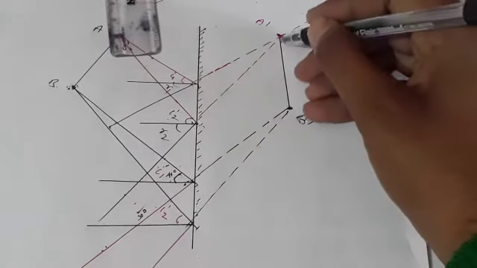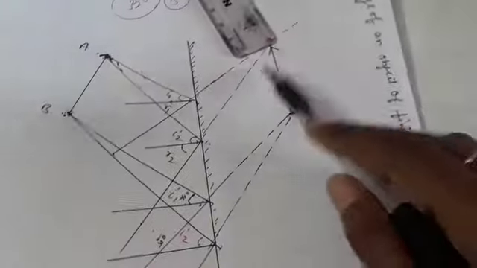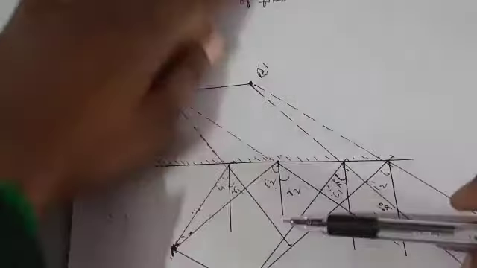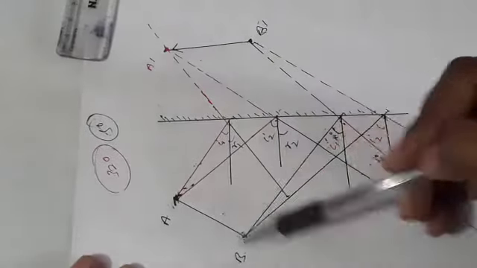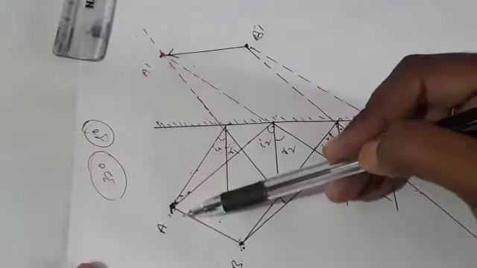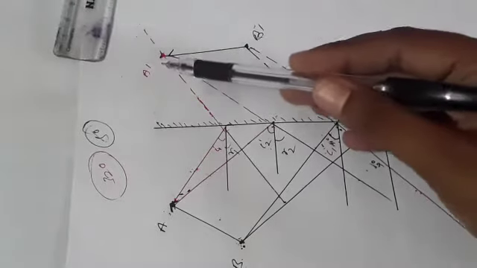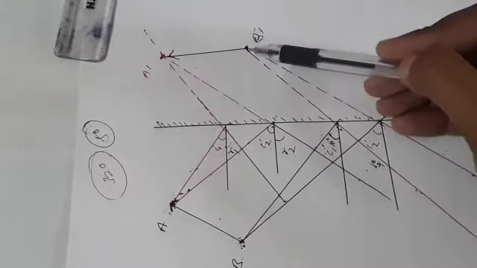This A dash and B dash is the reflection of A and B. So A and B are reflected in the mirror and it shows here as A dash and B dash.